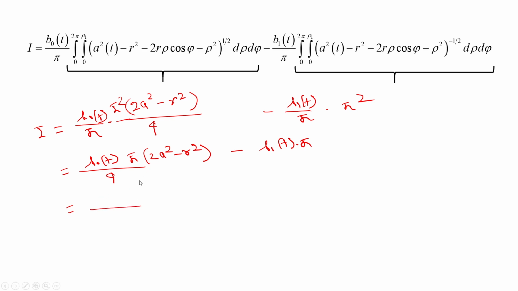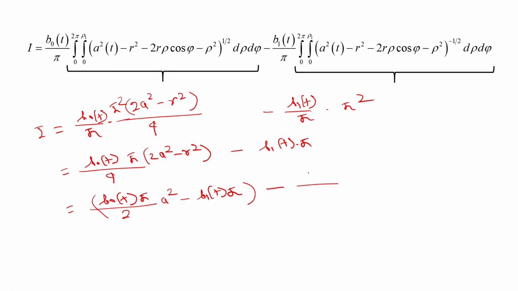Now we can write it like this. I can write it as b0 of t into π, and then the 2 here is not cancelled, a squared, and minus b1 of t into π, minus this. I am just separating the r power, so with respect to r.